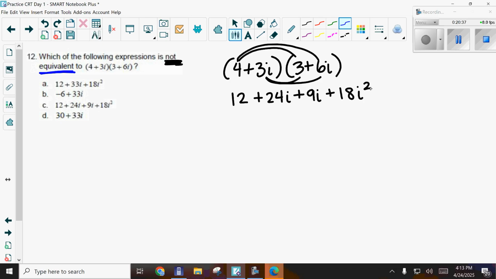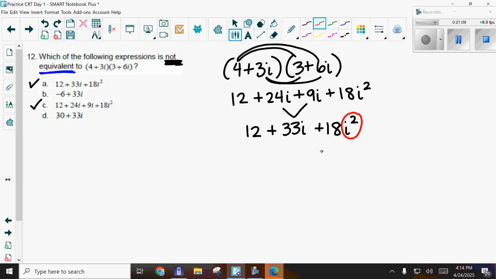So I'm looking at the choices. This one is here, but that's not the answer because remember, we want the one that is not equal to it. So choice C is not the answer because it's there. Now what we're going to do maybe is combine like terms. If I combine these two, I have 12 plus 33i plus 18i squared. And then looking at the choices, that's choice A. Then we can fix this i squared.